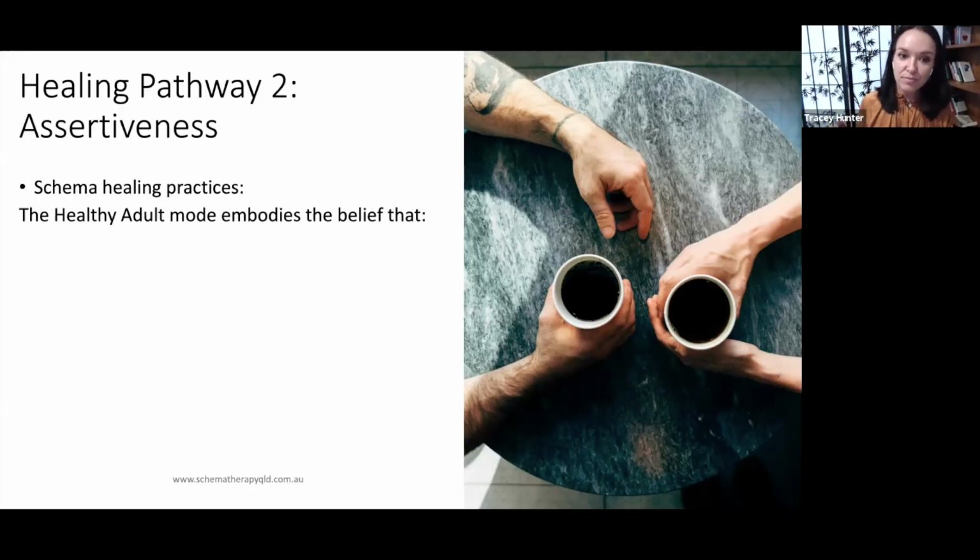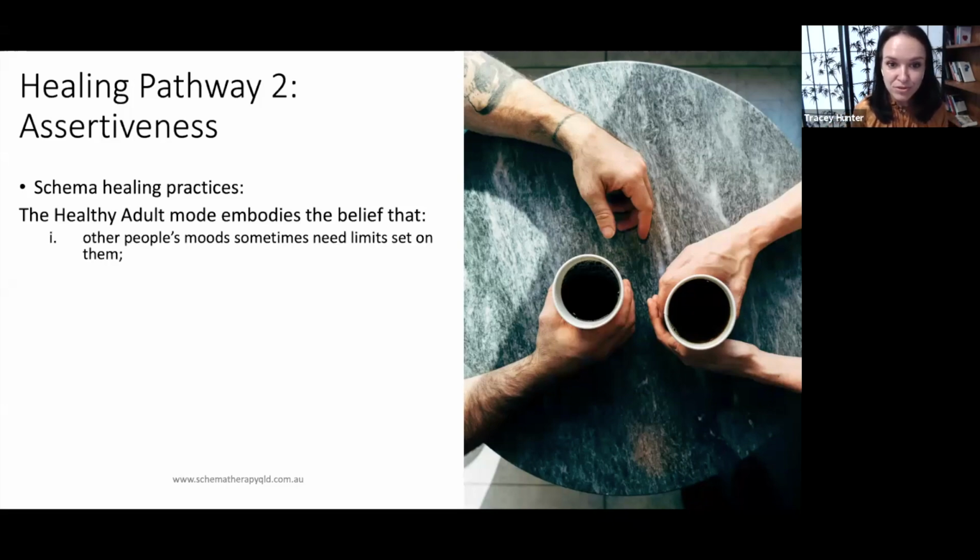The healthy adult mode in this situation embodies a new set of beliefs, which include the belief that other people's moods sometimes need limits set on them. Now, this is new information to a client who has grown up in a family where you weren't allowed to set limits on other people's moods because they were a parent.